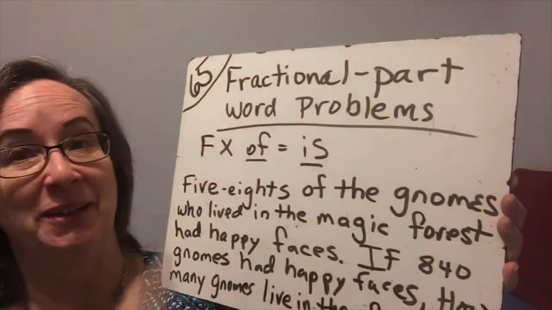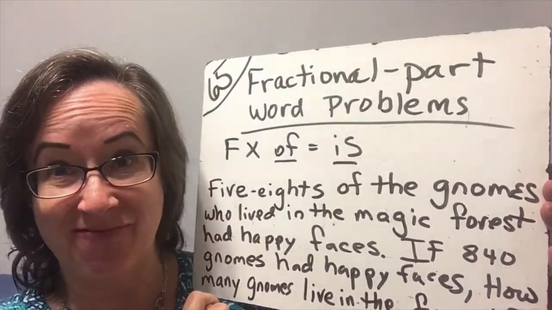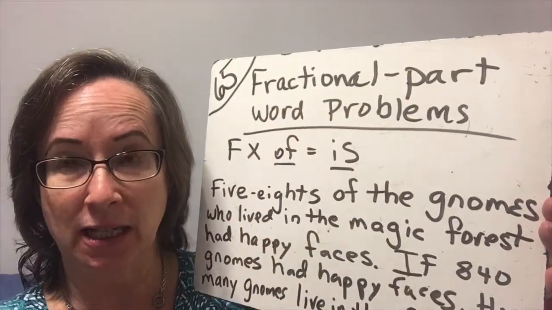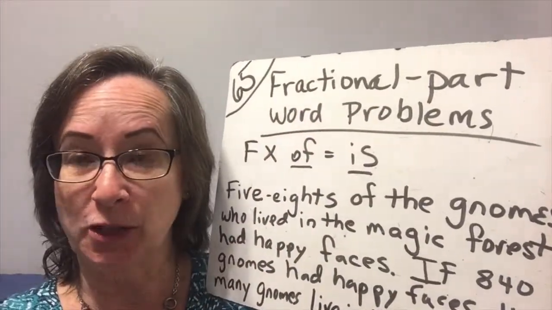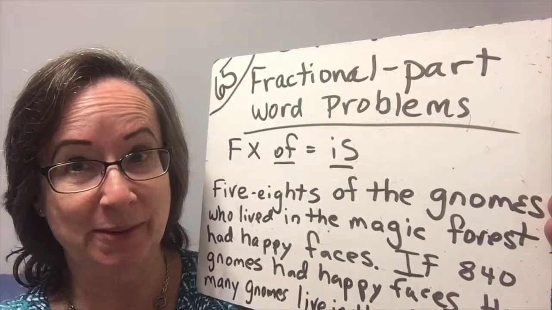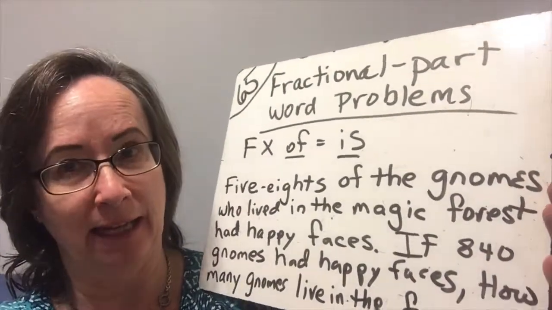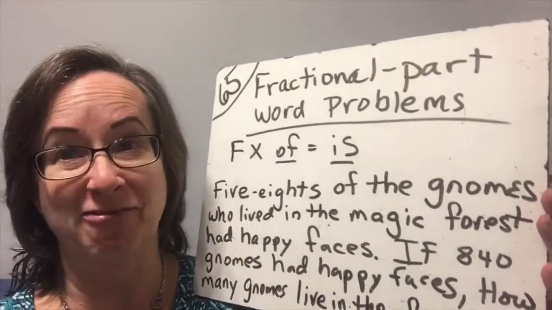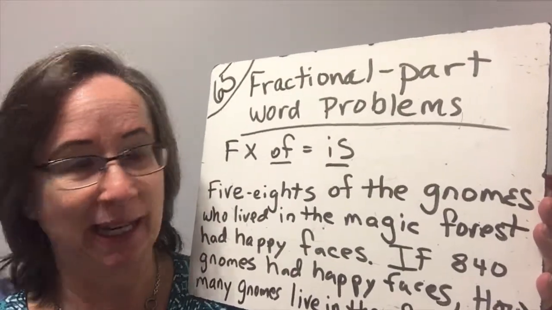And today we are doing lesson 65, and it's all about the fractional part in word problems. So we're going to be doing some word problems. And I must say that the Saxon book, the old blue book, has a lot of fun word problems in it.